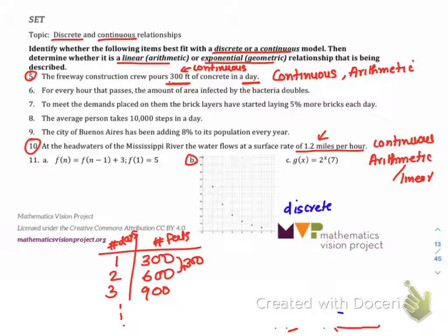The changes are happening at once, and because it's not linear and you see it's decreasing, in this case it's going to be geometric, because you don't see a straight line, and it's decreasing by a geometric sequence. So let's move to the next one.